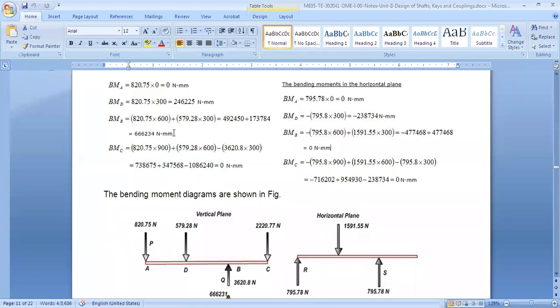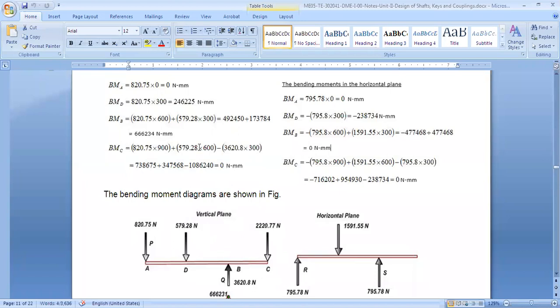That is the result, and you get 666,234 Newton mm. And at C, on the left hand side there are three forces, two downwards, one upward. So this will be 820 multiplied by 900 plus 579 multiplied by 600 minus 3620, the reaction at point B, multiplied by 300. So it will come down to 0.